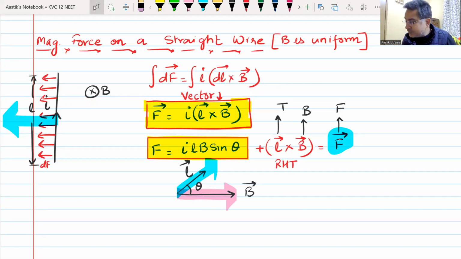Here also, you must remember two small points.